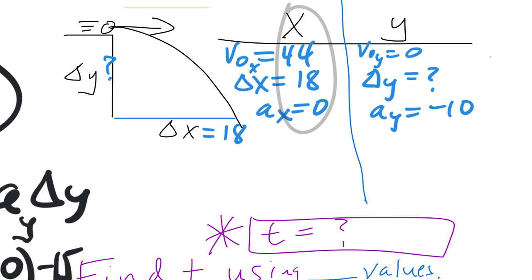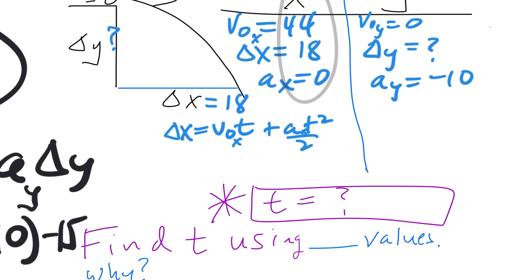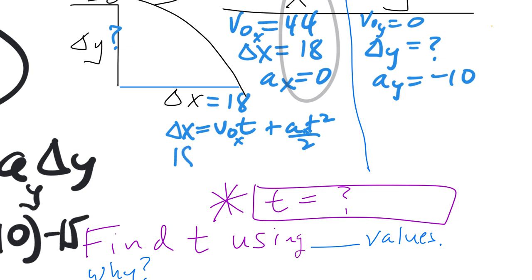So how can I find it? Let's do what we did before. Delta X equals VOT plus AT squared over 2, doing the X values. So 18 equals 44 times time.